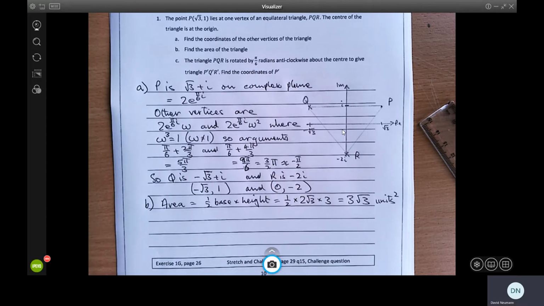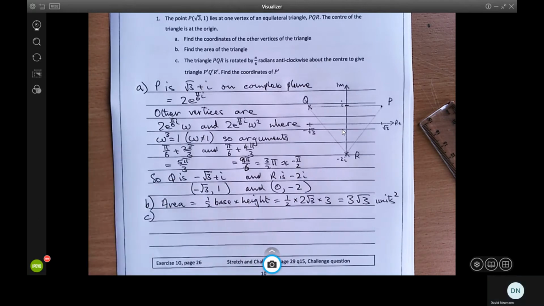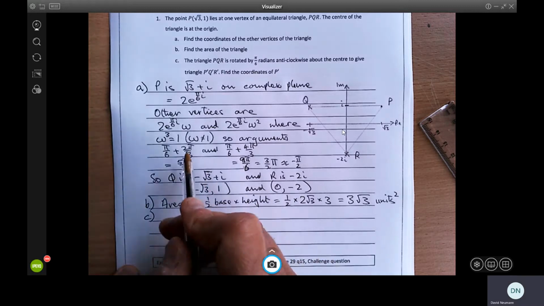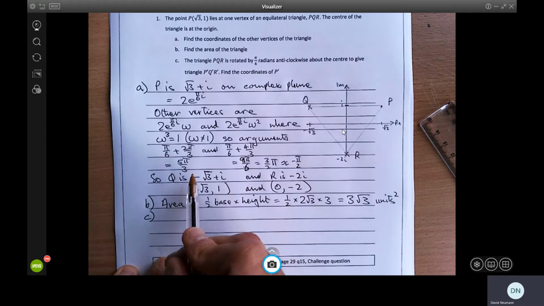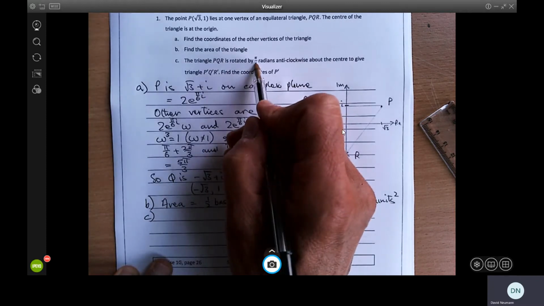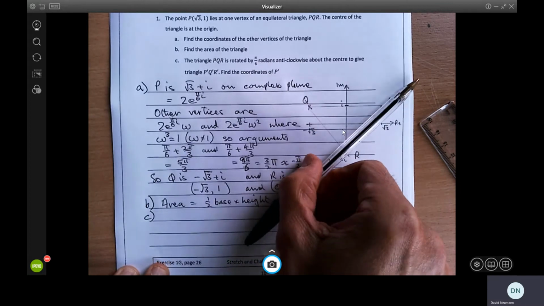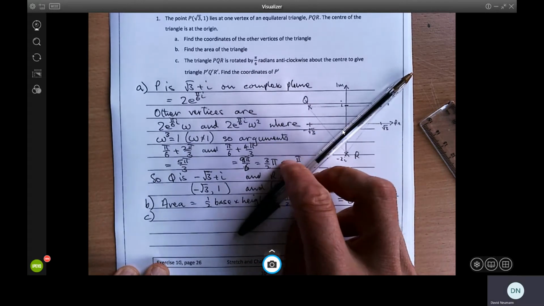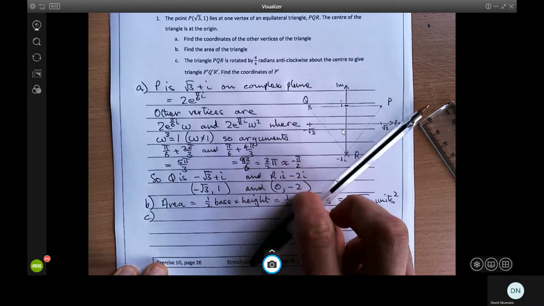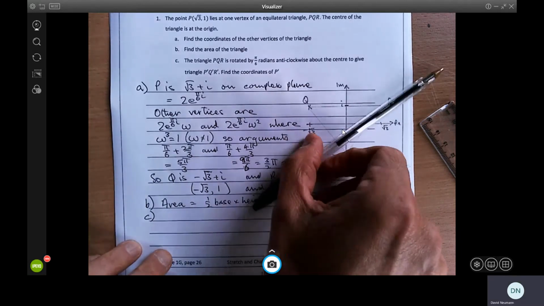So to rotate by pi over 6 anti-clockwise, we can just multiply each of our vertices in complex form by e to the pi over 6i.